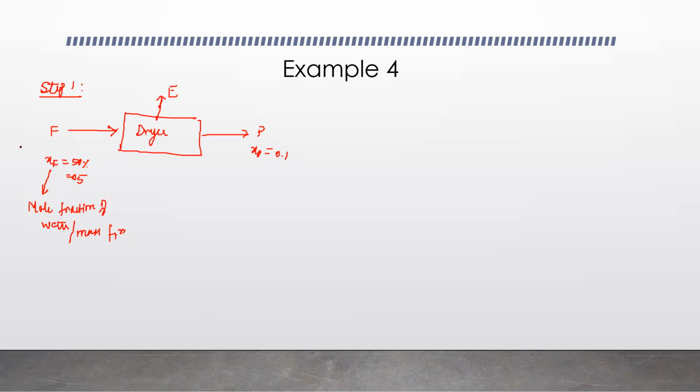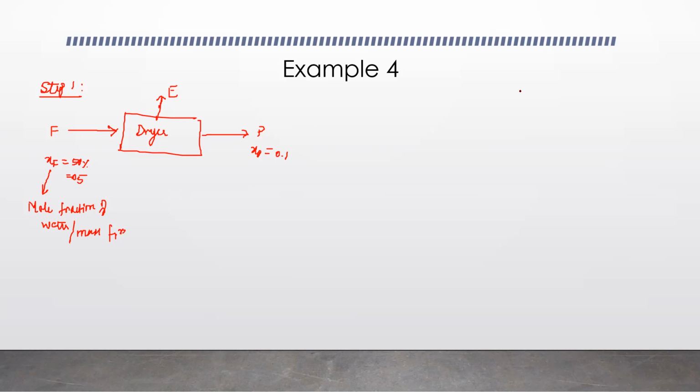In that class, when I discussed solution, I told you that solute is the component that has less dominance, and solvent is the component that is available in abundance, the abundant component, right? That is my solvent. So what is my abundant component in case of drying? Is it solid or is it liquid?